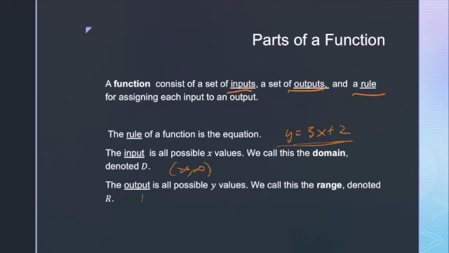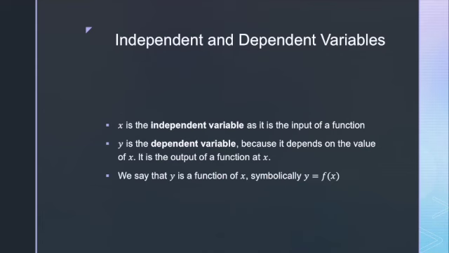The output is all possible y values. We call that the range. So from here I have negative infinity to positive infinity for this example where we have a line. Linear equations are functions. All polynomials are functions. We call x our independent variable, as it's the input, and we call y the dependent variable because it depends on what x is.